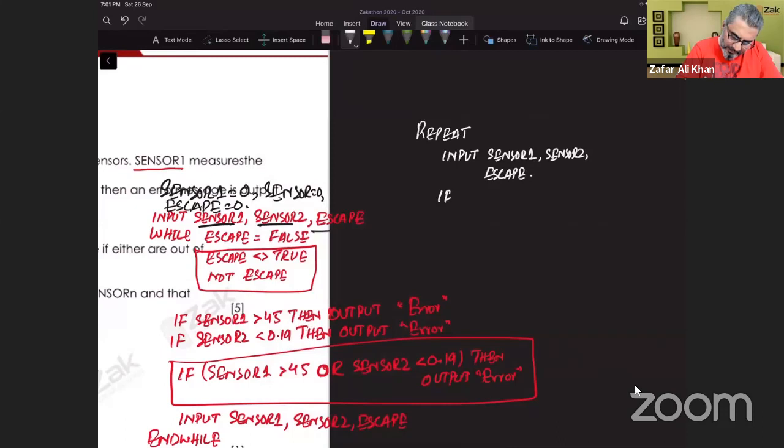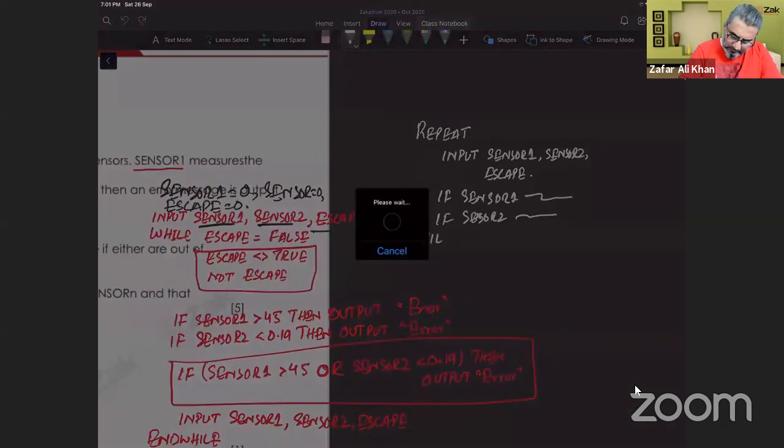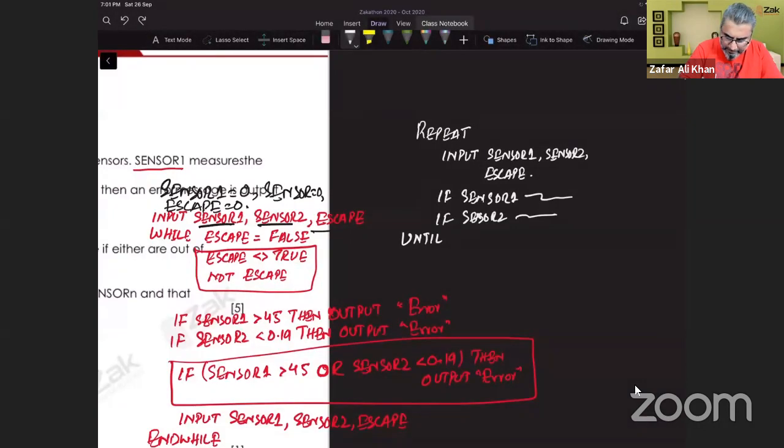If sensor 1, if sensor 2, until escape is equal to 1 or true. That's about it. These are just a few lines.